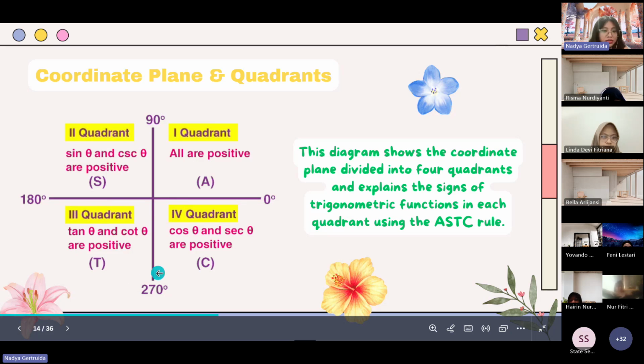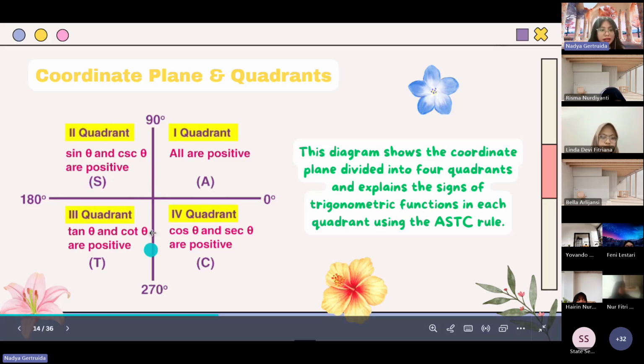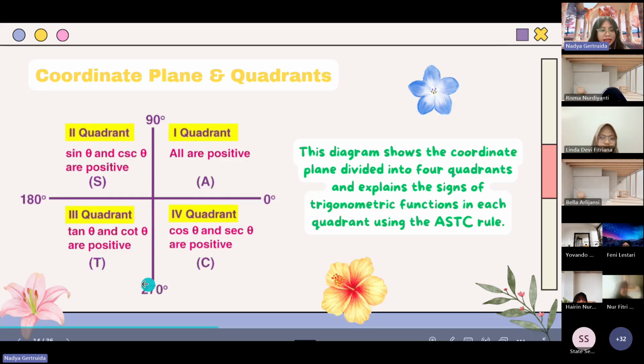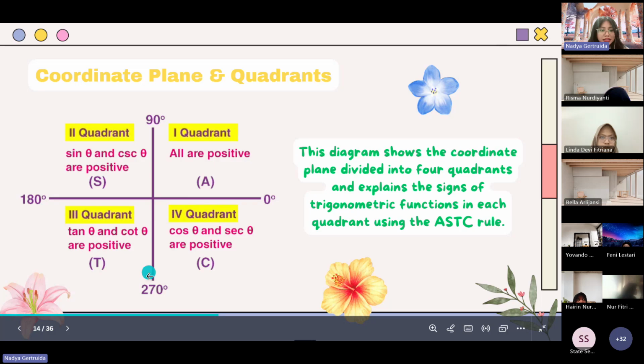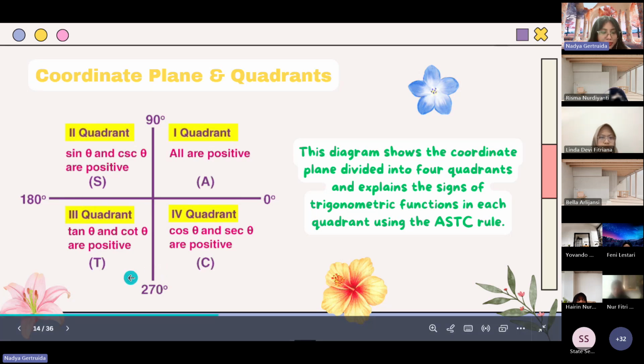And for the 270 degrees, it's also like this. This is a vertical line. So the value of sine is -1, and cosine is 0. And tangent is sine over cosine, -1 over 0, so it's not defined.